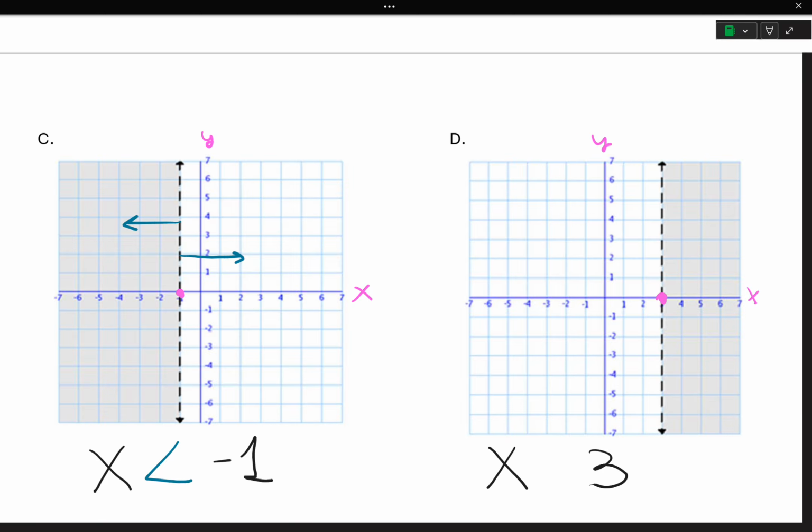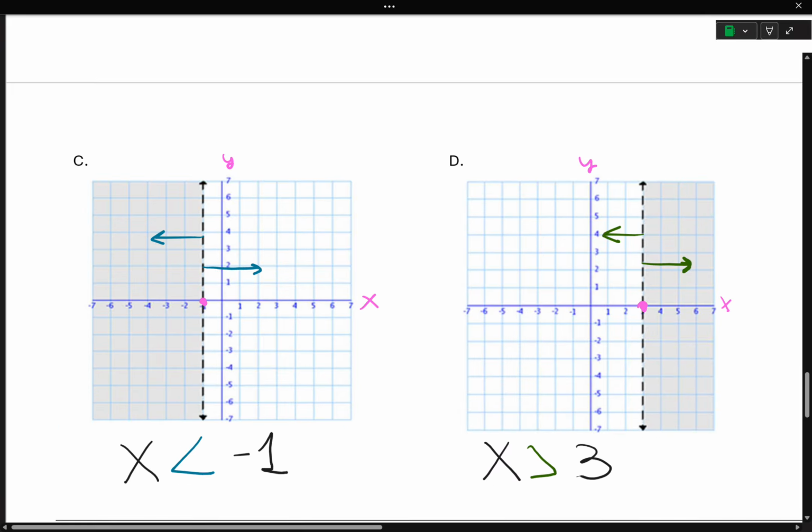Is the graph shaded to the side where the x's are getting larger or smaller? It looks like it's shaded to the right. And to the right, the numbers are becoming bigger than 3. So x is greater than 3. Since this is a dashed line, I am not going to put a line underneath my symbol.